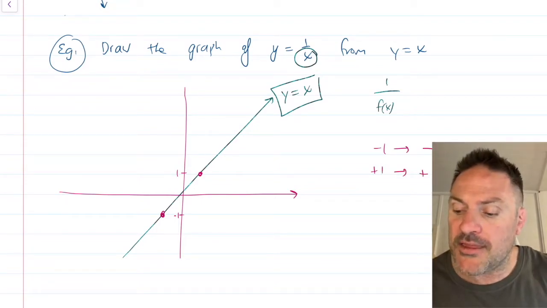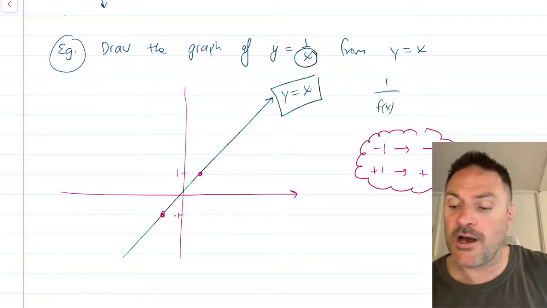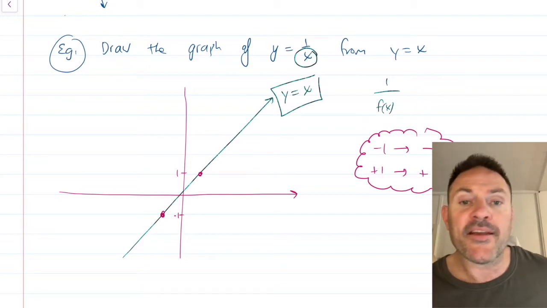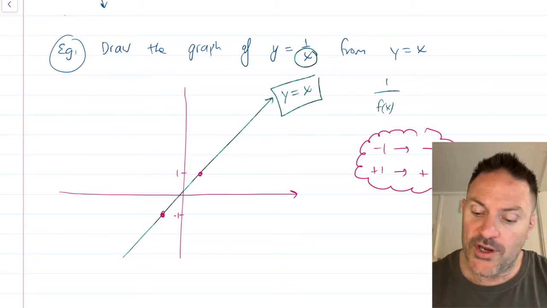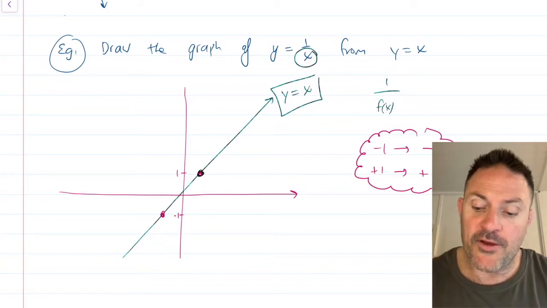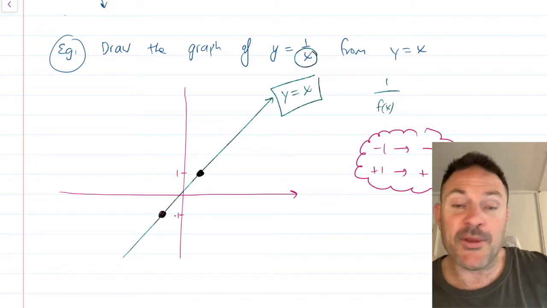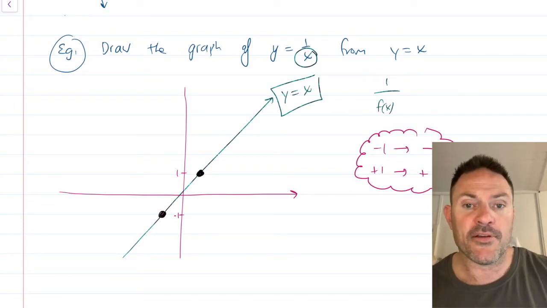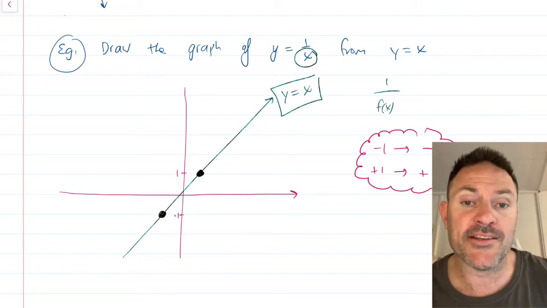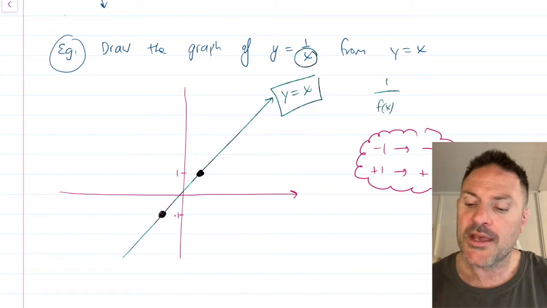So for me, they are 2 really important things, because when you have the reciprocal of -1 and the reciprocal of 1, they don't change. They're always the same no matter what happens. So we know straight away that the graph goes through those 2 points. And what you'll find because of that, every time you have a reciprocal graph, they're always going to have the point of intersection at 1 and -1, which is quite a handy little thing to know.